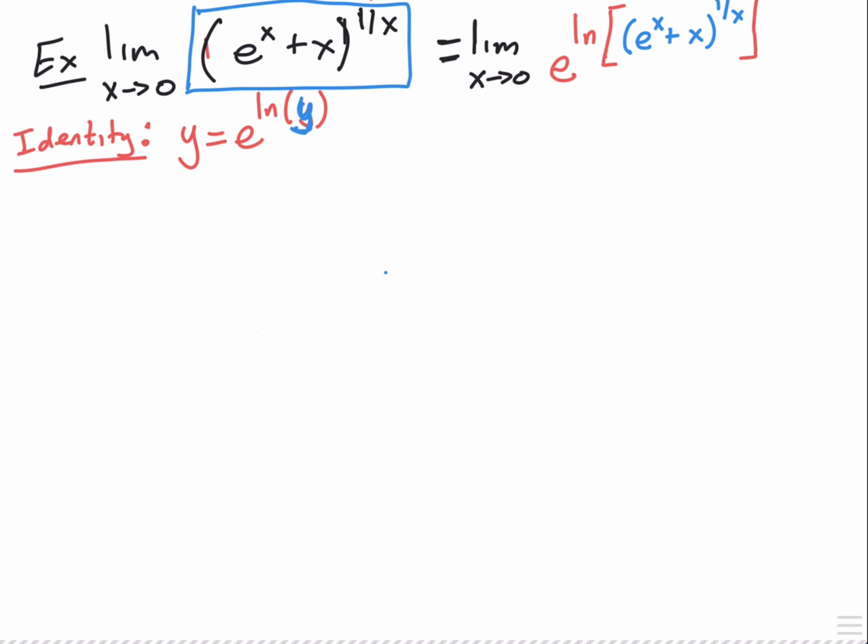Do you guys agree that the left side is equal to the right side? All I did was apply the identity. And if you follow the colors, then it makes sense. The y is in the blue, the e to the ln is in the red. And all I did was plug in the limit that I'm looking for.